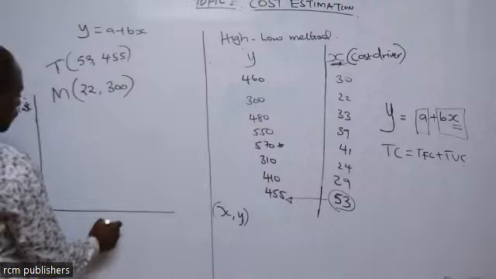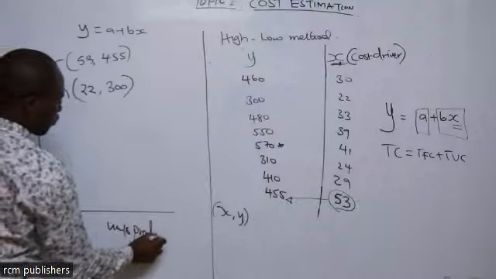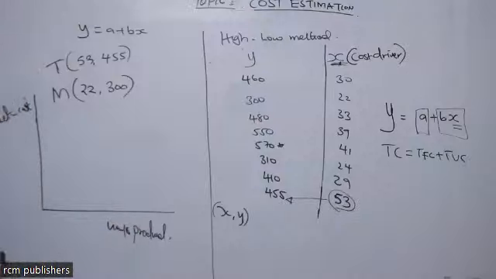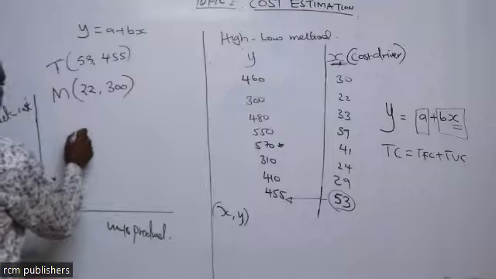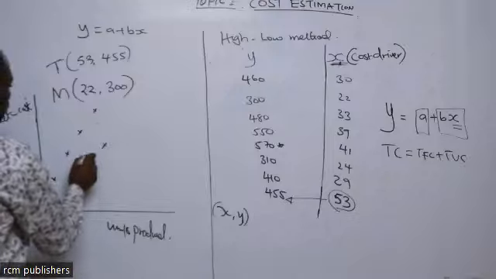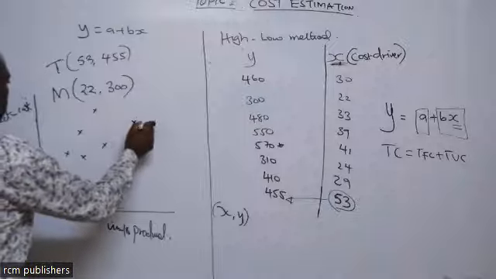Then here we have units produced. Then you do your plotting. So you've done the plotting. You want to look for the line of best fit.